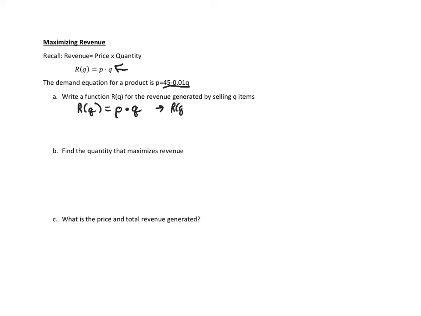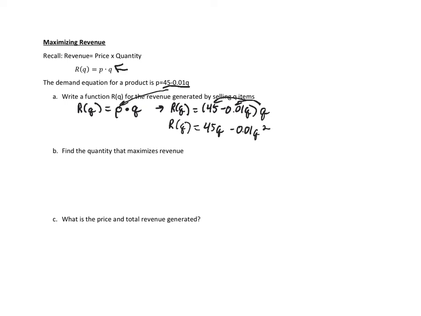So R of Q equals our price, 45 minus 0.01 Q, times Q. So you can see I've simply substituted this in place for P. Doing some distributing in this Q, R of Q equals 45Q minus 0.01 Q squared.